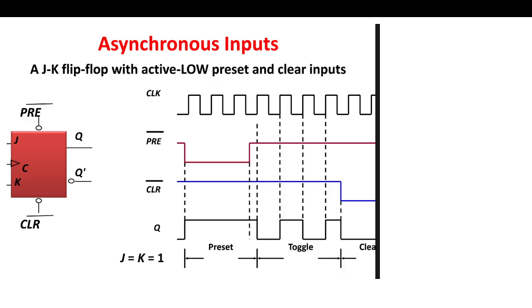So if we have a JK flip-flop with active low preset and clear inputs, that means whenever the preset is 0, we want the output to be set to 1, and whenever the clear is 0, we want the output to be set to 0.